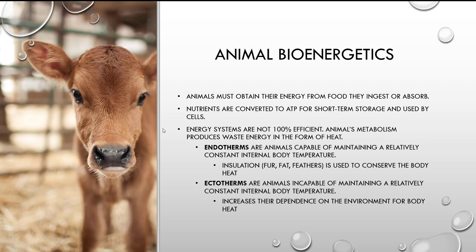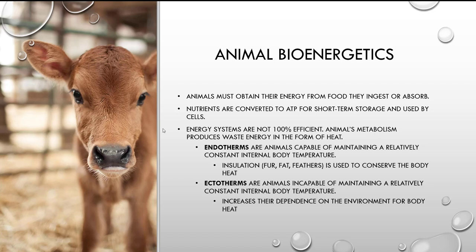And when we're talking about the transfer of energy from, for example, our food to ATP, that transfer is not 100% efficient. Every time we convert energy from one form to another, based on the second law of thermodynamics, which we talked about earlier in the term, there will be some loss along the way.